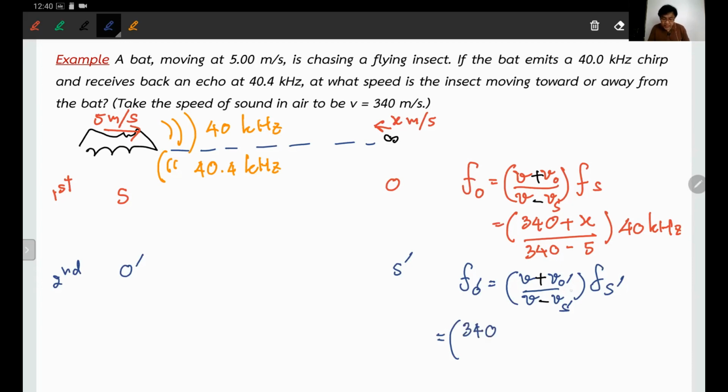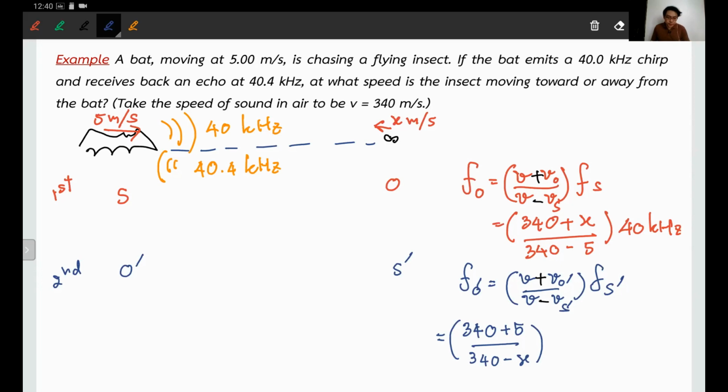In this case, the velocity of the observer in the second half is now the speed of the bat. So it's going to be +5 here. And the speed of the source for the second half is going to be the speed of the insect, which is x. Cool. All right, even though the signs are the same for the two halves, the velocity that you put in there is going to be swapped because the roles are swapped as well.